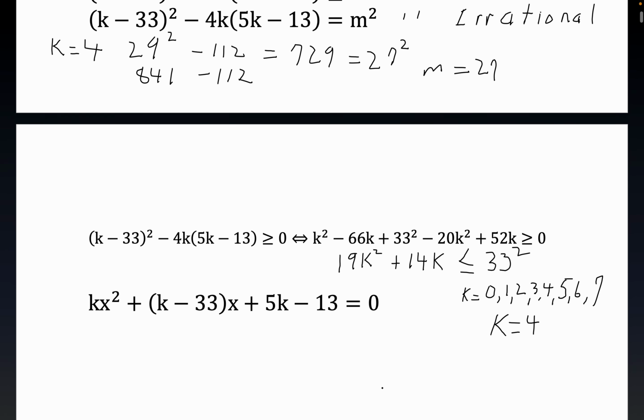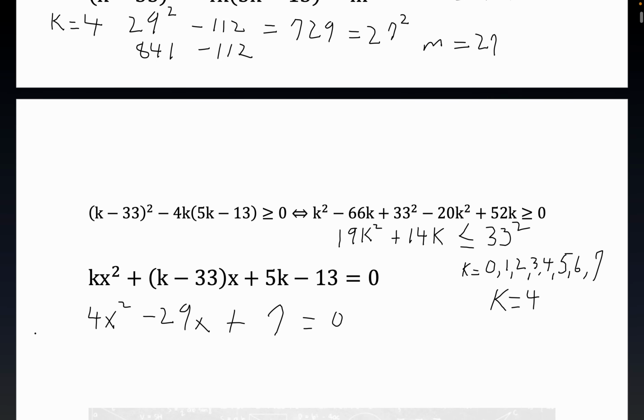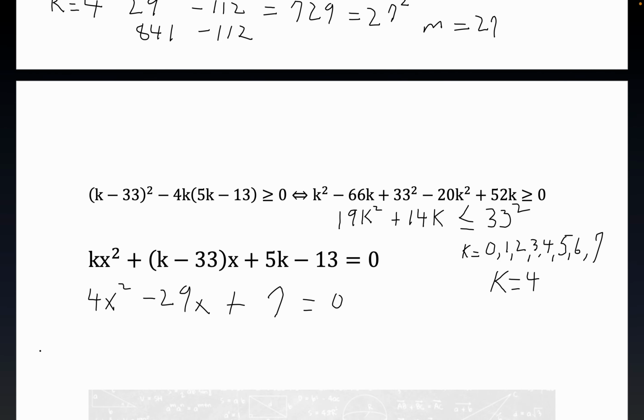And so if you put k equals 4 right here, we get 4x squared minus 29x plus 7. We're rooting for this to factor, if our logic's not flawed.